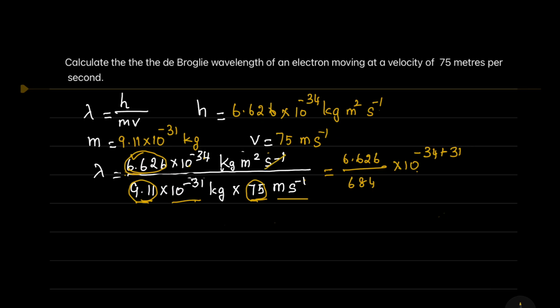And for the units, it is already discussed. We are cancelling the common terms, second to the power of minus 1 and kilograms. The remaining is meter squared by meter. On simplification, this will give the answer in meter.